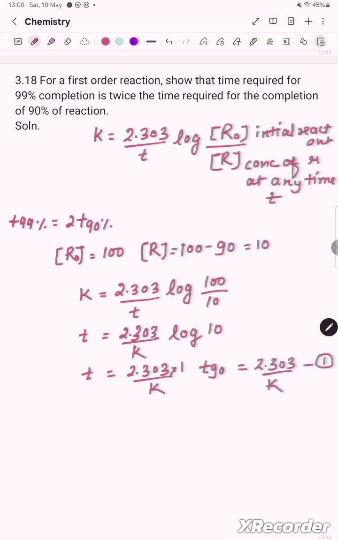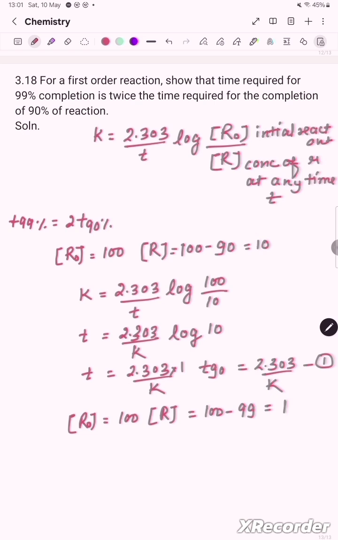Now next we have to calculate at 99% completion. So for 99%, initial reactant will be 100, and concentration of reactant at 99% will be equal to 100 minus 99 is equal to 1.